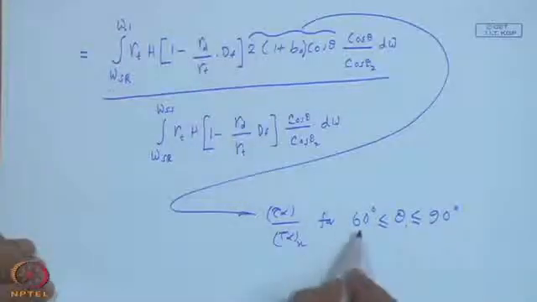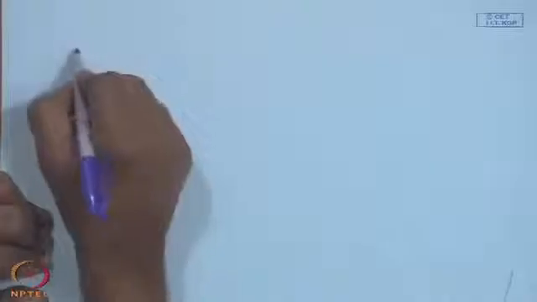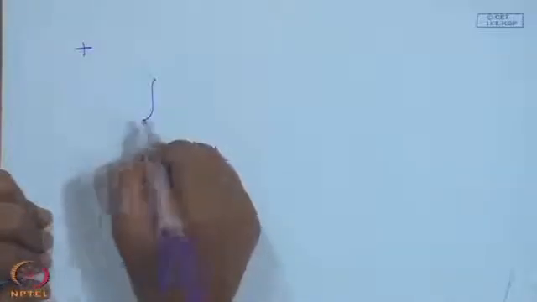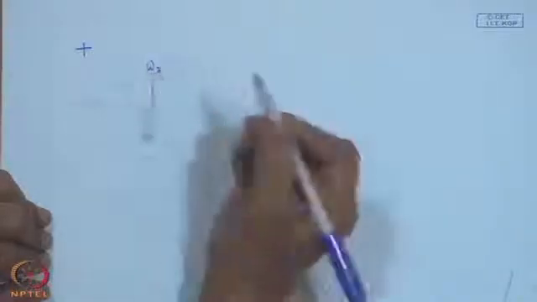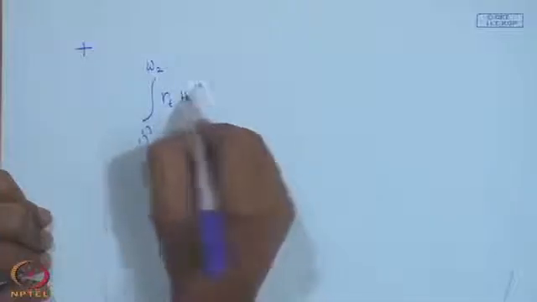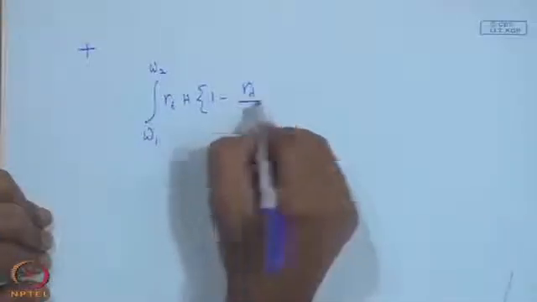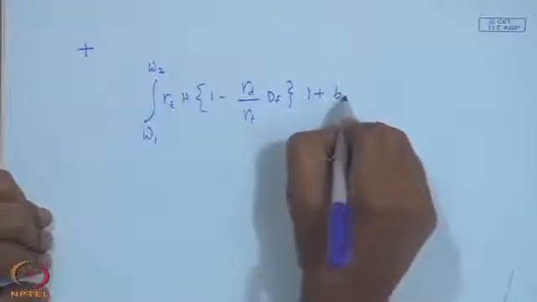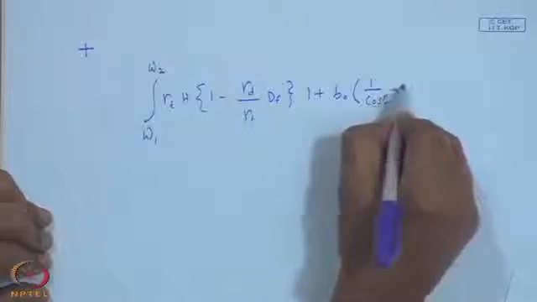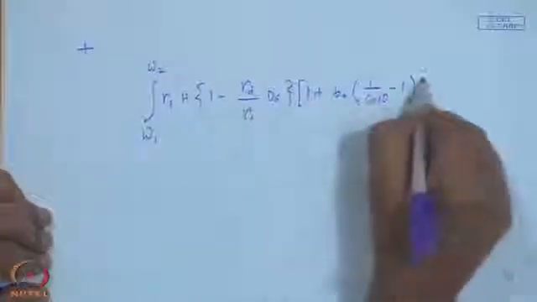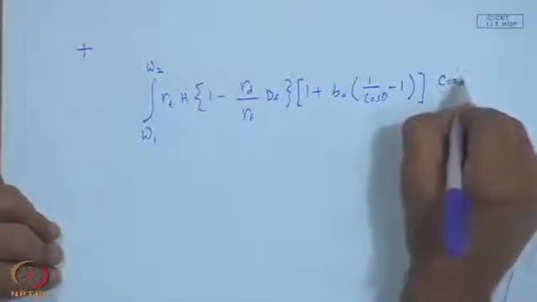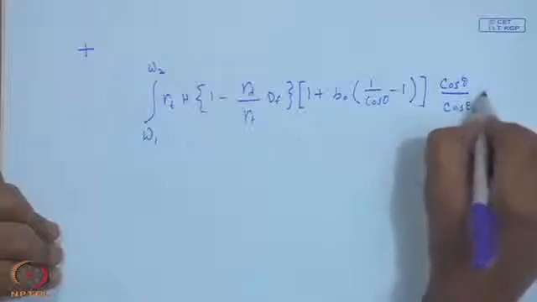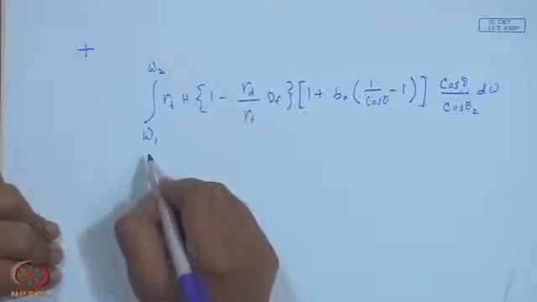From omega s r to omega 1, theta will be between 60 and 90, plus the second term will turn out to be omega 1 to omega 2 of R t H into 1 minus R d by R t into D f, into 1 plus b 0 into 1 by cos theta minus 1, into cos theta by cos theta z d omega.